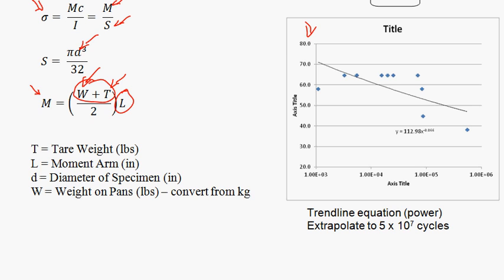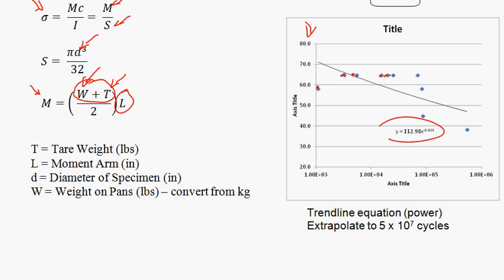So that will allow you to know enough information to plot data points, and they will definitely scatter. And what you do in Excel is create a trend line. You put all the data points on there, and you create a trend line, and you have Excel tell you the equation for that trend line.